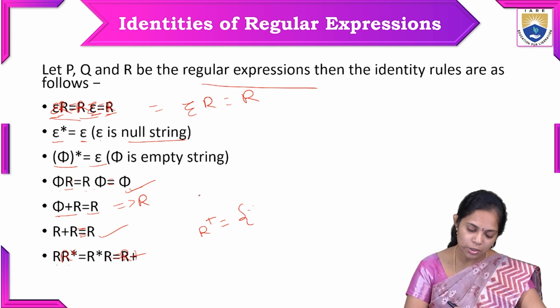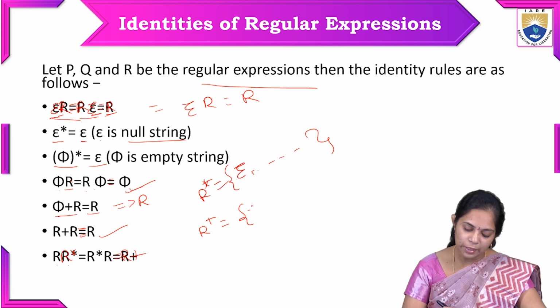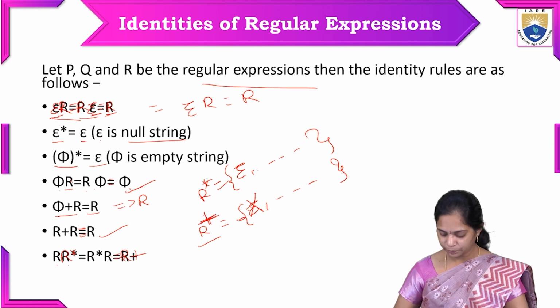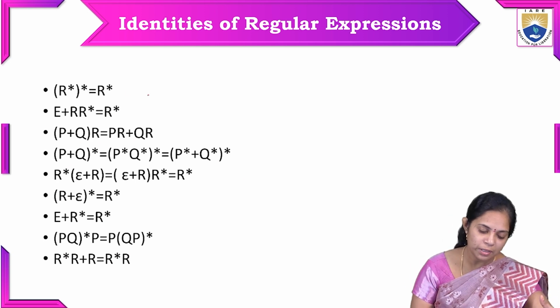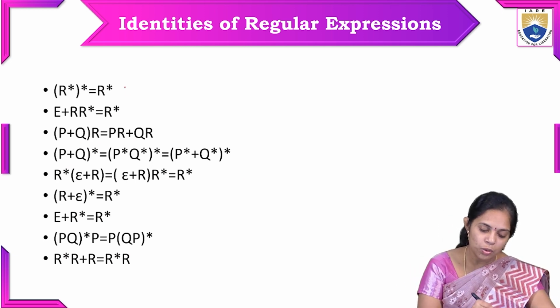So in R star we will get the epsilon symbol, whereas in R plus epsilon is not included, and whatever symbols are involved in this regular expression are represented. So this is the difference between star and plus. And one more, these are all the identities. R star whole star we will get again R star.